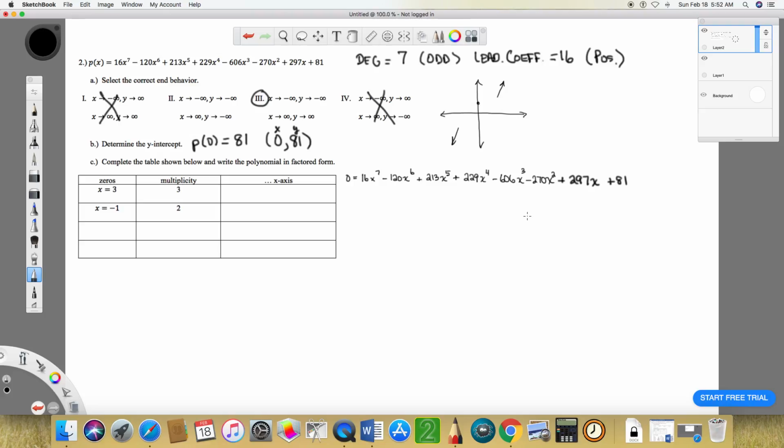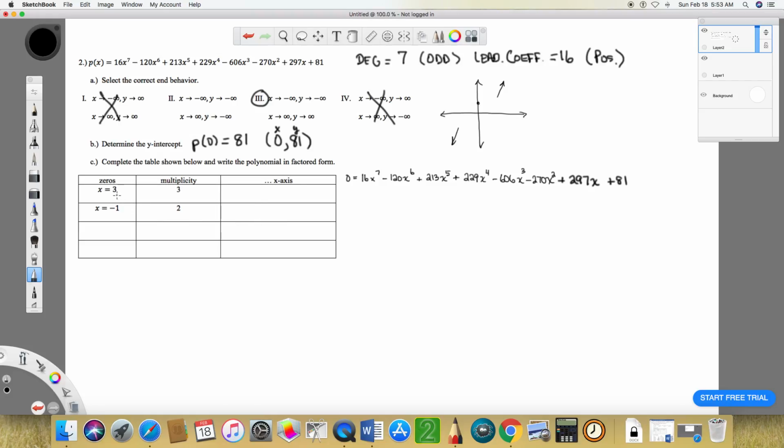We really don't have any kind of a method to factor a large polynomial like this. So we've gotten some help here in this table. They're telling us that x equals 3 is a zero of this function, with a multiplicity of 3, so it's a repeated root.